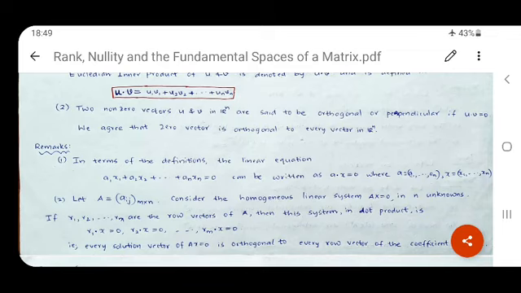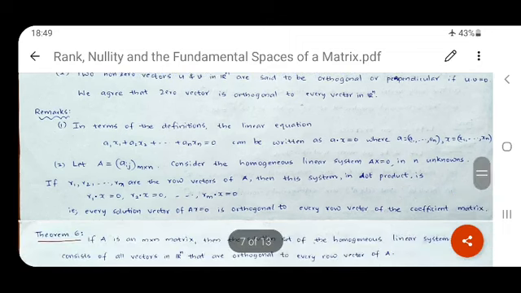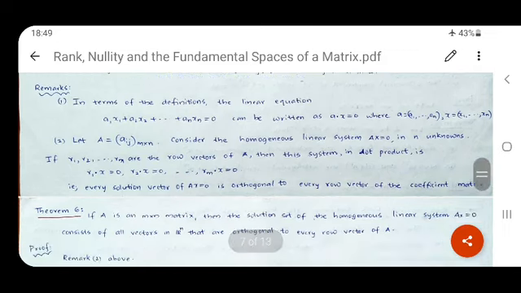This means every solution vector of Ax equal to 0 is orthogonal to every row vector of the coefficient matrix. That means if x is a solution to the given system, then x will be orthogonal to every row vector of the given matrix A, which is the coefficient matrix of the system.